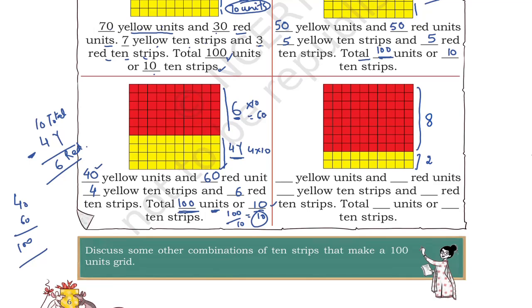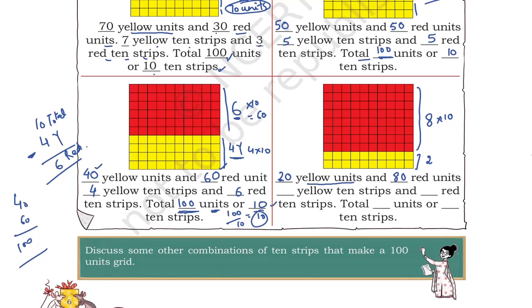Okay. So let's write down here. Total units in the yellow units is going to be 20, because 1 10 stripe contains 10 units and we have total of 2 10 stripes, and the red units are going to be 80. So 8 10 stripes multiplied by 10 units, it's going to give us 80 red units.